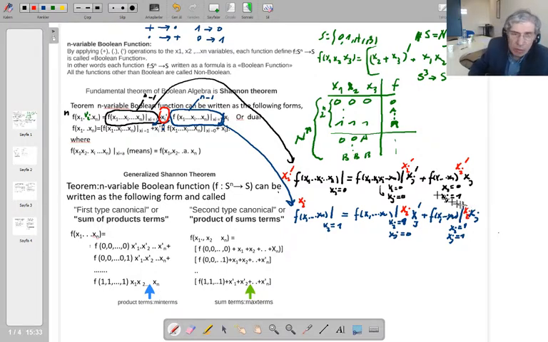What we are seeing here is that we had two terms, and now it became four product terms. Two variables out, xi and xj, gives four terms. If you take three variables out, it's going to be 2 to the power 3, 8 terms summed up.